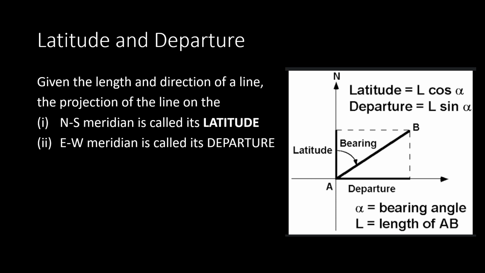The departure and latitude of the traverse line are similar to the rectangular coordinates of a force F. The x component of the force is denoted by Fx, and its y component is denoted by Fy. So, in the context of surveying, the projections of line AB are the rectangular coordinates on the east-west meridian and on the north-south meridian.